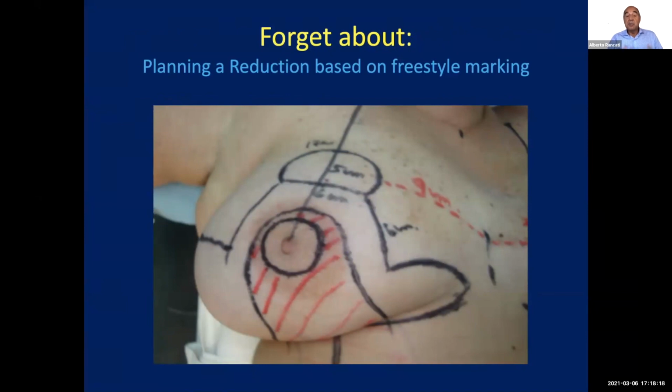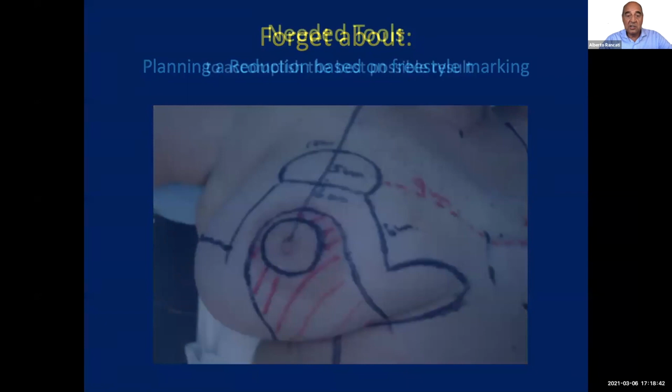And the asymmetry in breast is very important to communicate to the patient previous to marking and to the results, and to check what part of the breast is remaining exactly the same in both sides. If not, you will not have a correct and symmetric breast reduction.